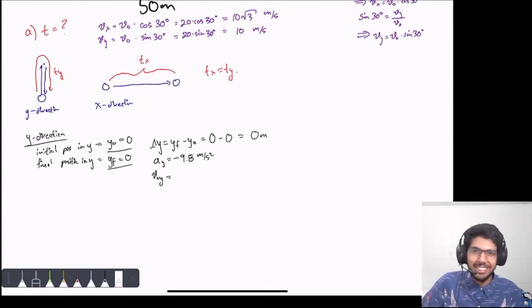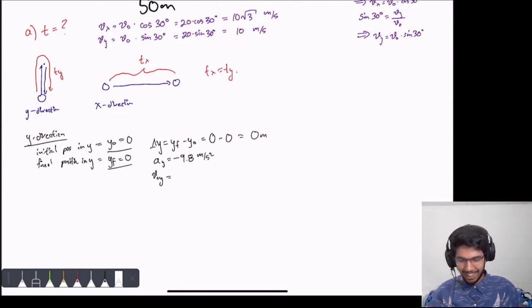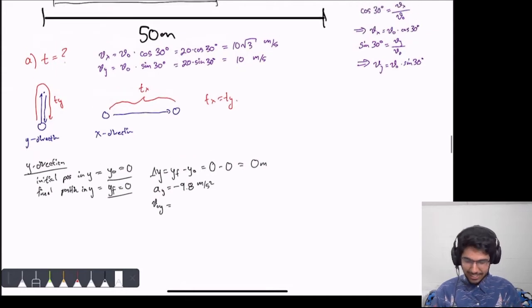When I first learned physics, I used to call it VOY, so I may refer to it as VOY every now and then, but it's V initial in the y direction. And I thought it was funny because if you know Spanish, VOY means I go, or at least I think it means I go. It's been a while since I spoke Spanish, but anyways, we computed this already.